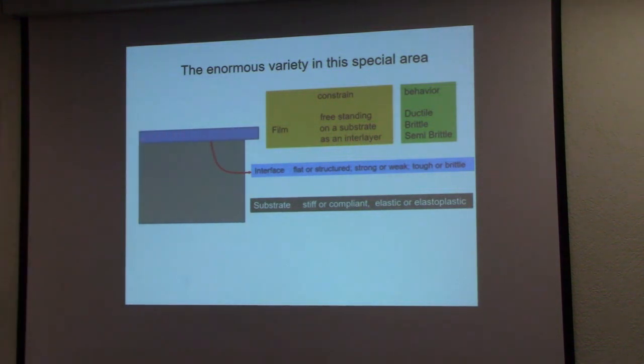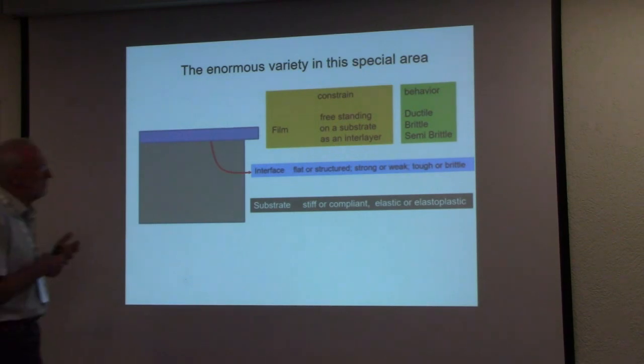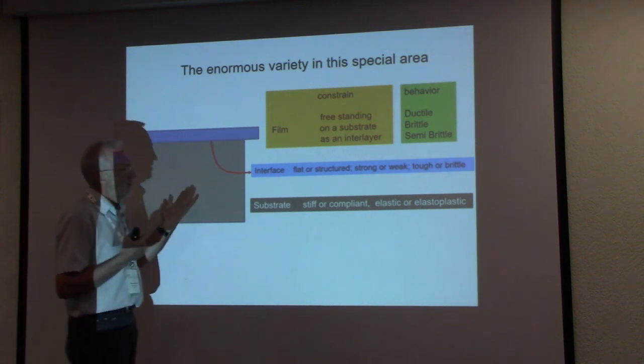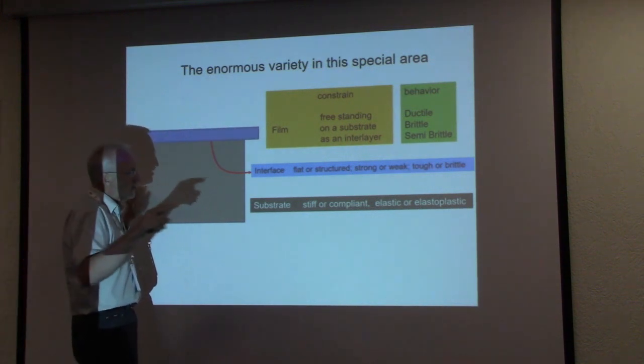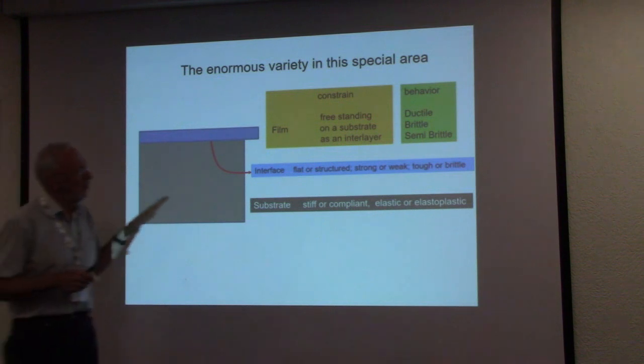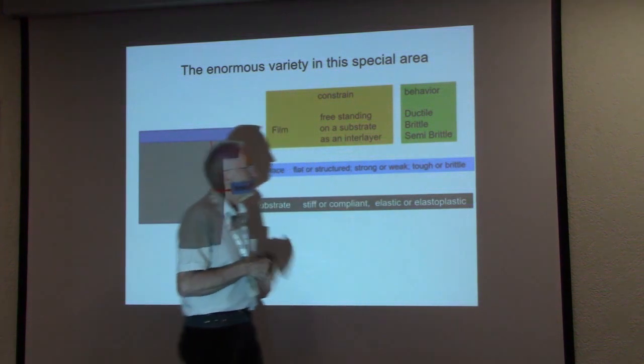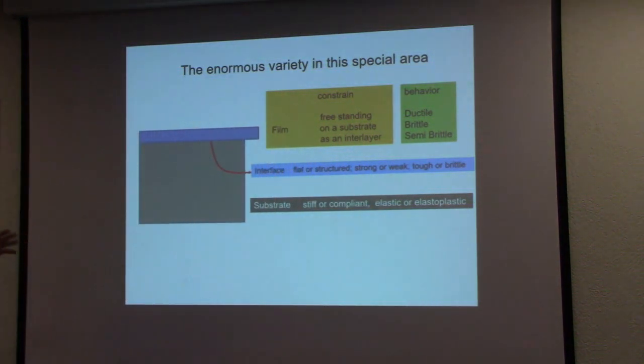And then we have, in addition, the interface. And the interface can be flat, or it can be structured, and the interface can be strong or weak, or tough and brittle.